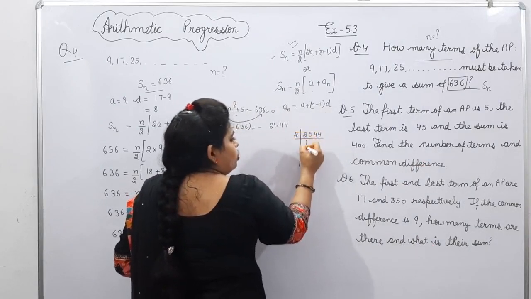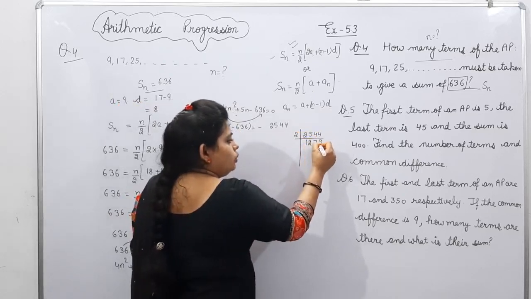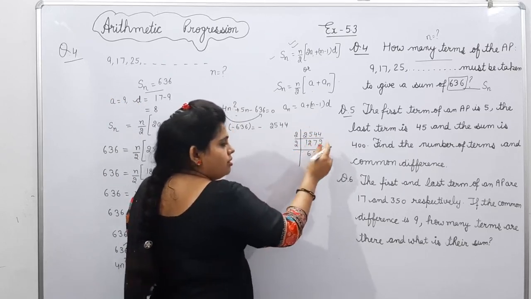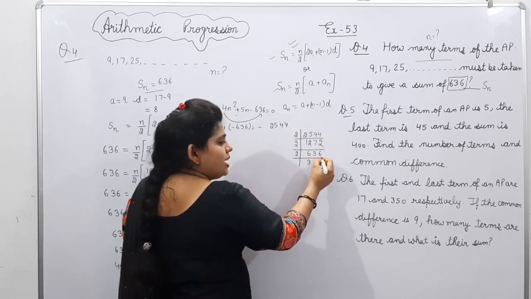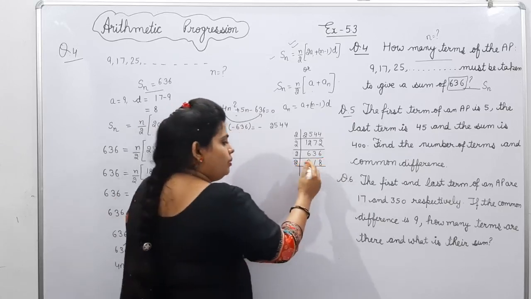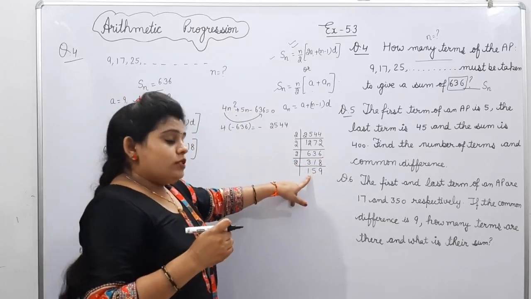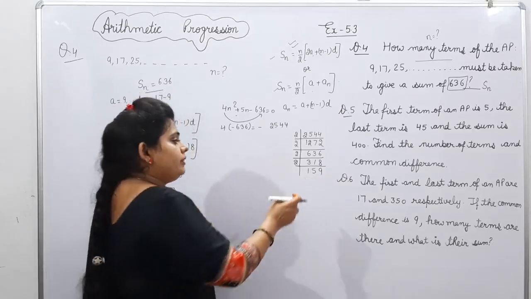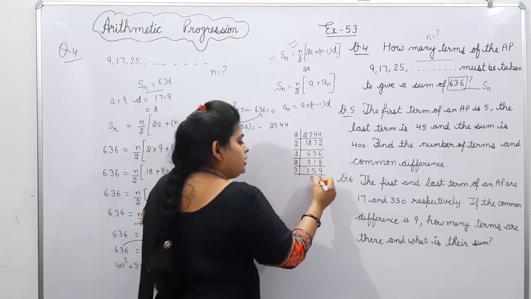of 2544. 2 ones are 2, 2 twos are 4, 17, 2 sevens are 14, 2 sixes are 12, 2 threes are 6, 2 ones are 2, 18. Now 2 ones are 2, 1 remainder, 2 fives are 10, 2 nines are 18. From here 5 plus 1 is 6, 6 plus 9 is 15, which means 159 is divisible by 3. 3 fives are 15, 3 threes are 9.